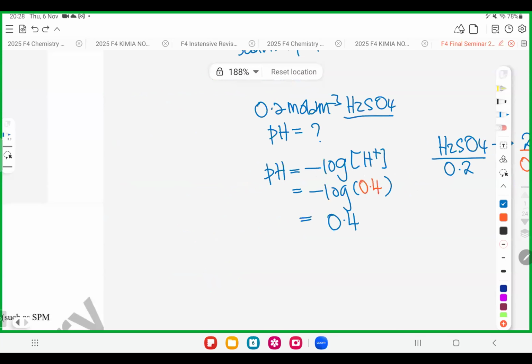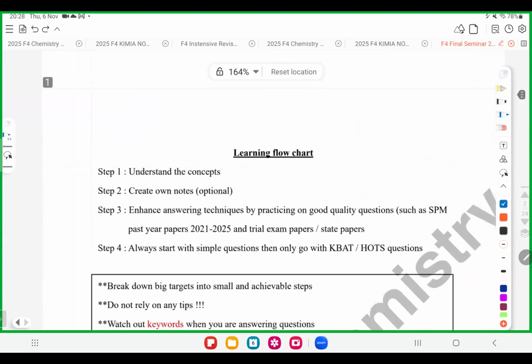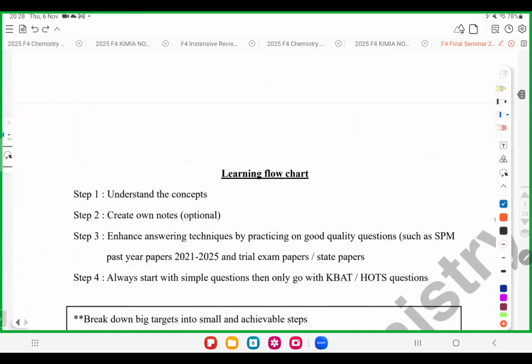Okay, so now it leads me to this. This is a learning flow chart that I can suggest to you. Remember, today we are doing some summary, answering techniques and also common mistakes. I'm not here today to teach you more.